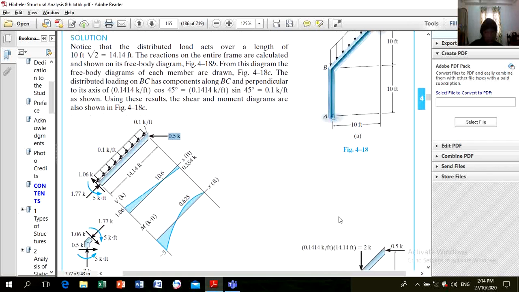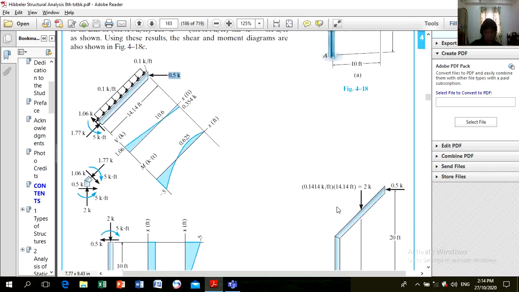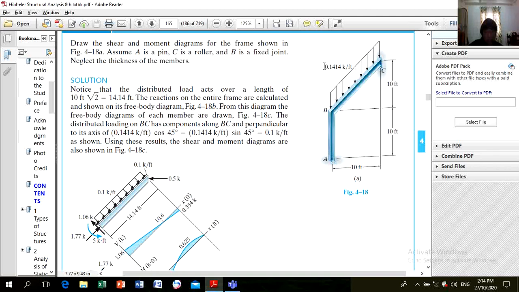And the reaction for Y will become 0.1414 multiplied with the length, which is 14.14. 0.1414 times 14.14 is 2 kips.